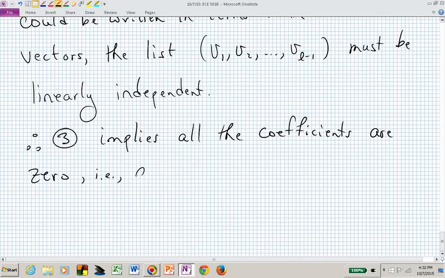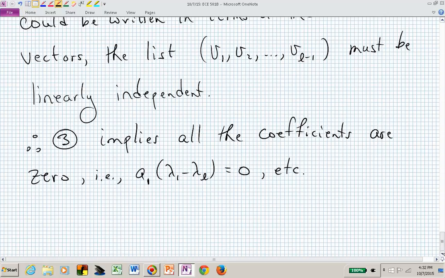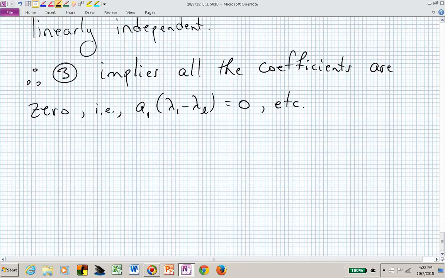That is a sub 1 (lambda 1 minus lambda sub l) is equal to 0, etc., with a sub 2, lambda 2, etc. And we can make that happen in a couple of different ways.